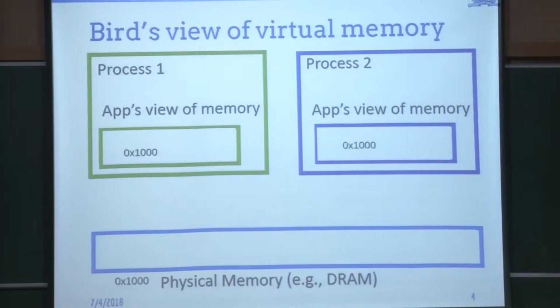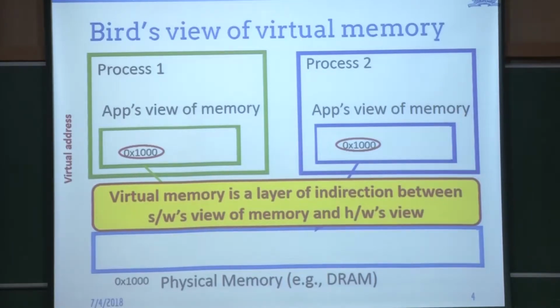And what happens in the middle is that the addresses visible to the software are virtual addresses, and those virtual addresses get translated to physical addresses on the real memory at runtime, and that is essentially the high level idea.